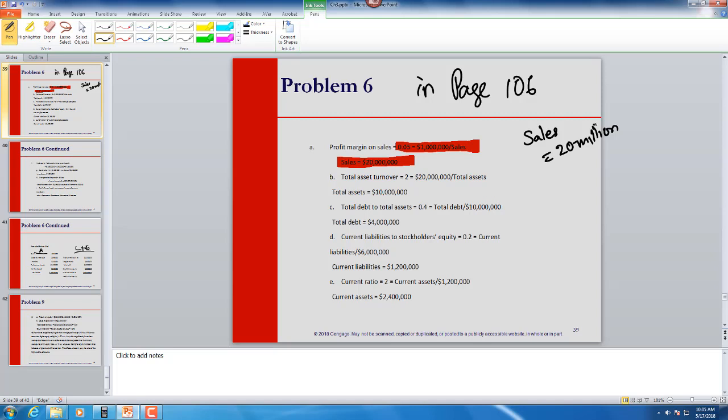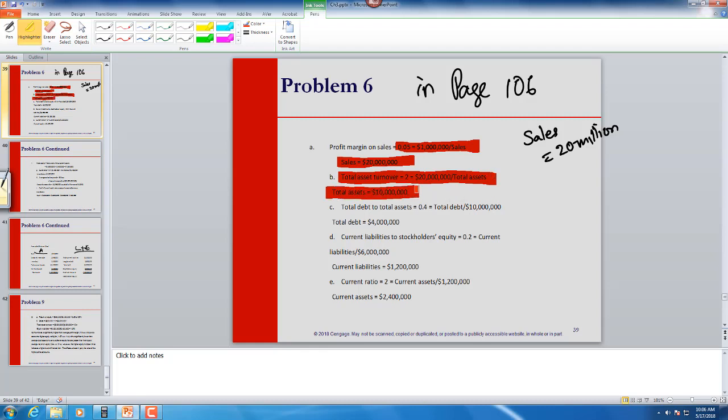That means sales divided by total assets. So if sales is 20 million, and total assets have got to be, $20 million divided by total assets is 2. That makes total assets equal to 10 million.